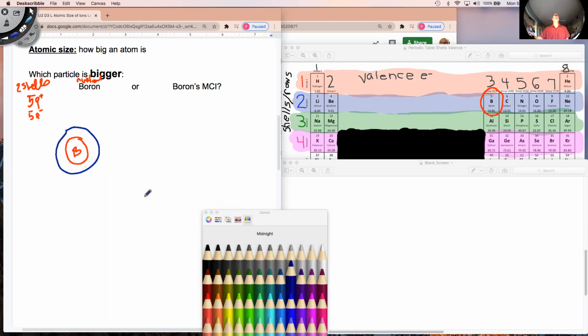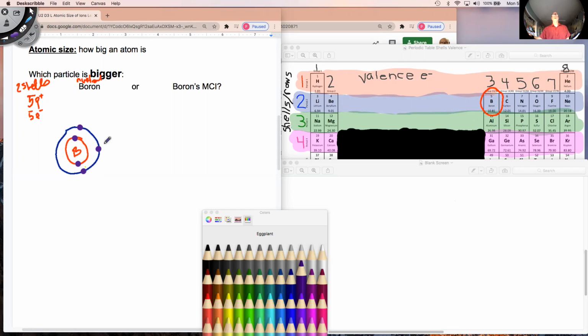So let's draw on the electrons. How many electrons do we have? We're going to have 5 electrons total because it's a neutral atom. So there's 1, 2, 3, 4, 5. And you can see that there's 3 valence electrons, 3 electrons on the outside. So this is what boron would look like.